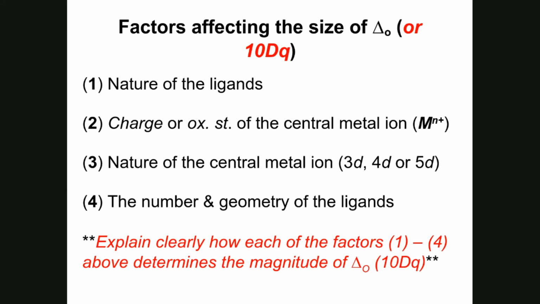The identity of the central metal is also important. If you look at the d block of your periodic table, you'll find that it is essentially made up of 3 rows. You take the s block away from that central part, take the p block away, and just consider that.